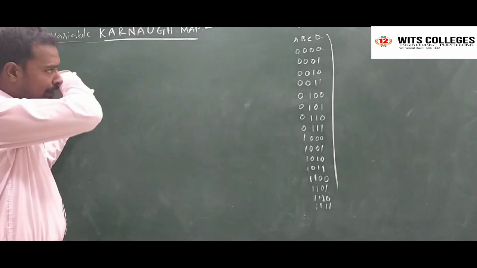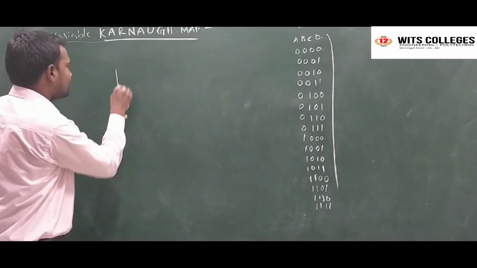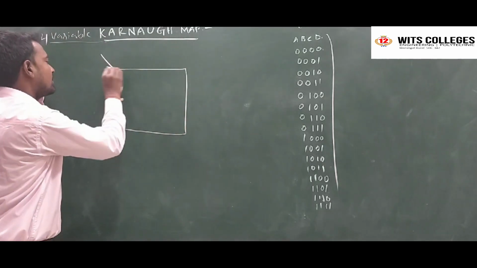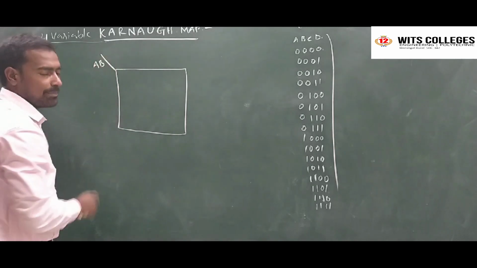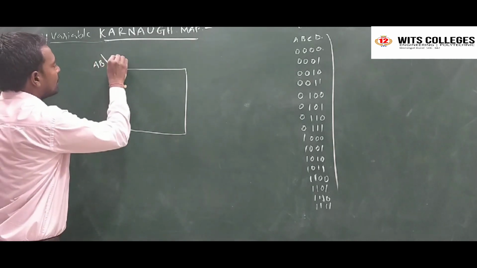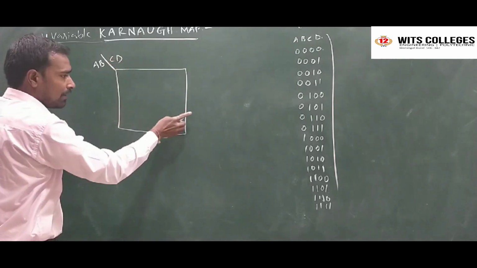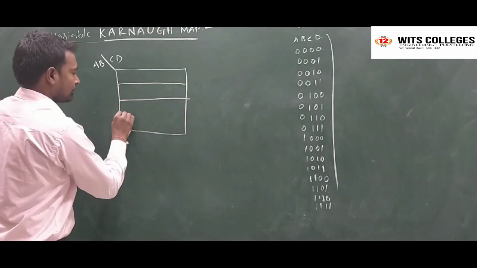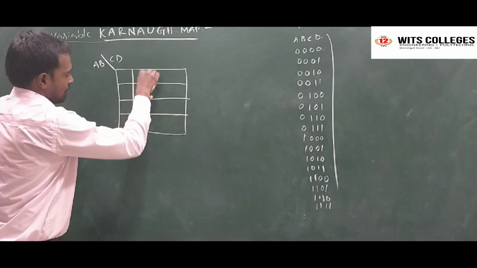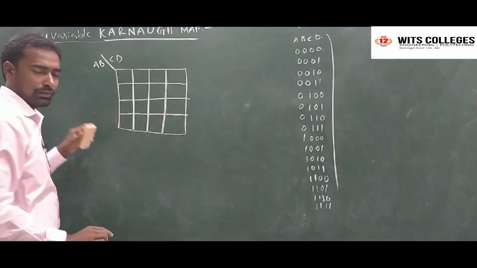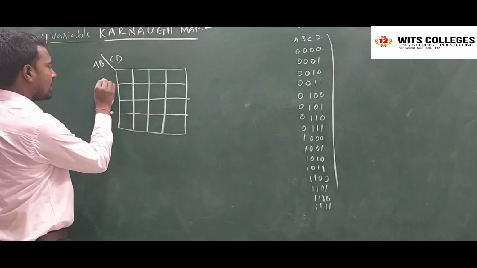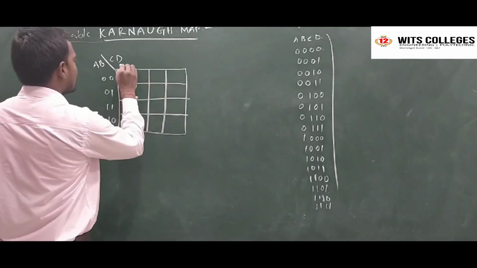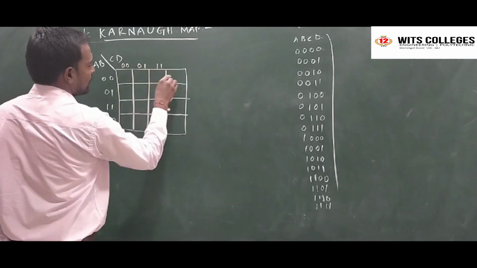And coming to the four variable K map, we can draw it like this, and here this side I am taking a and b, and coming to this side we are taking c and d, and we have to get the 16 boxes here. So these are the 16 combinations, and this side 0 0, 0 1, 1 1, 1 0, and coming to this side 0 0, 0 1, 1 1, 1 0.